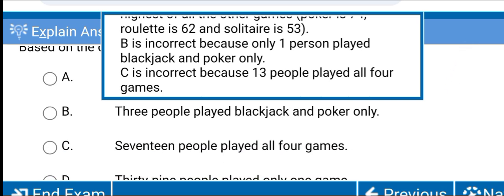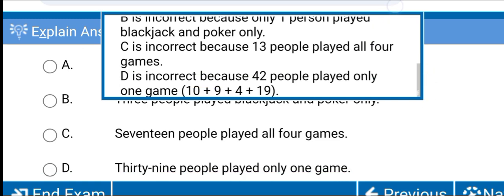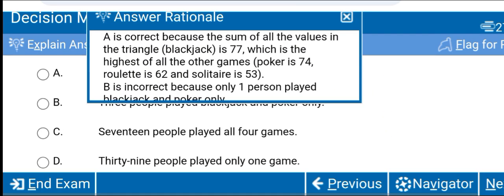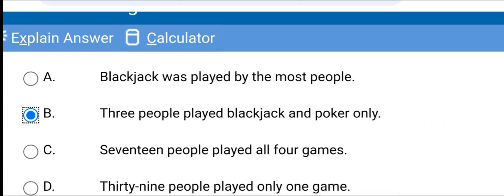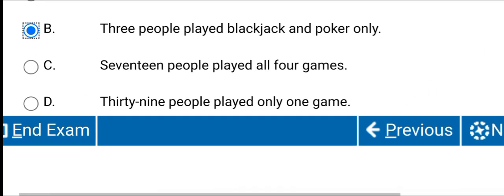C is incorrect because 13 people played all 4 games. And D is incorrect because 42 people played only one game. That is 10 plus 9 plus 4 plus 19. So that's how we can say we have a correct option is option A, that is blackjack was played by the most people.